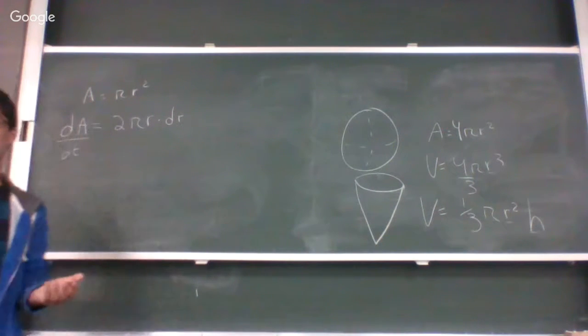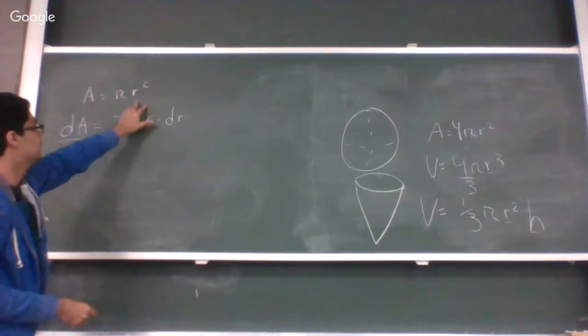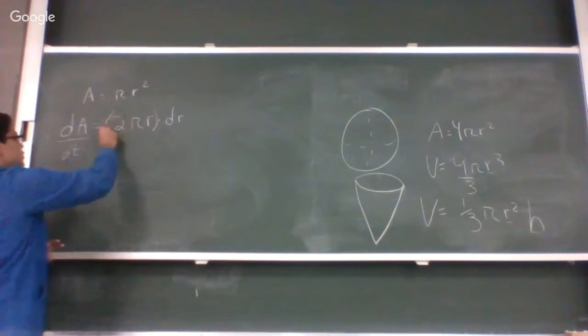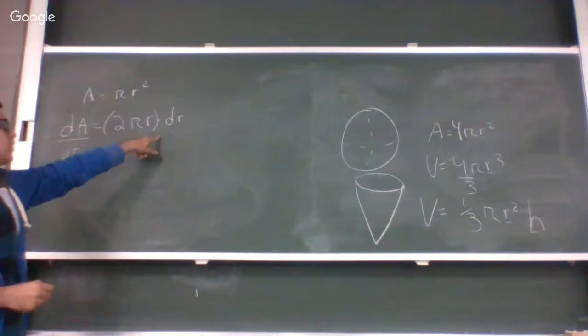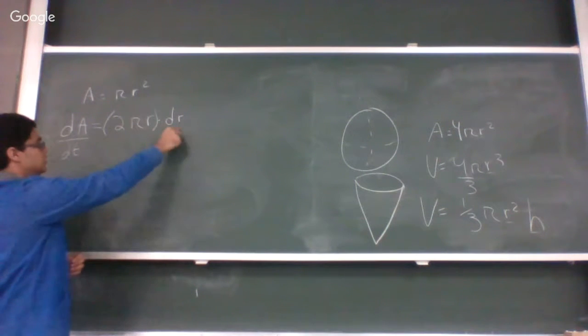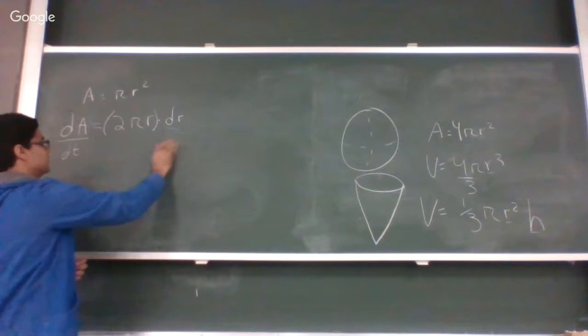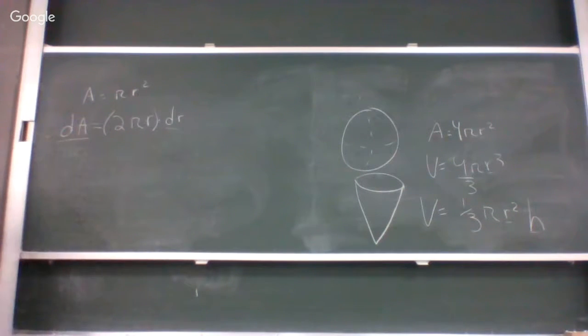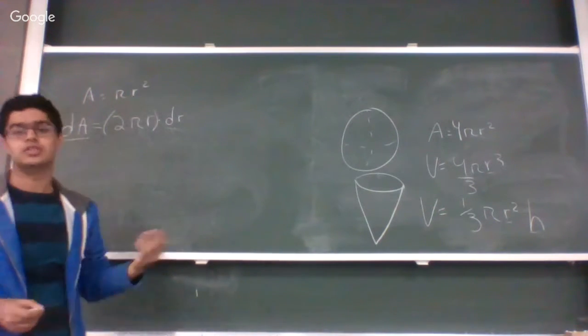So it's dA/dt. We're taking the derivative of this function with respect to time, and then we do the chain rule to get dr. You could think of it as dr/dt, but they both have dt, so it doesn't matter. Just remember, the derivative of A is dA, and for each variable it's dr. If we had an h here, it'd be dh.